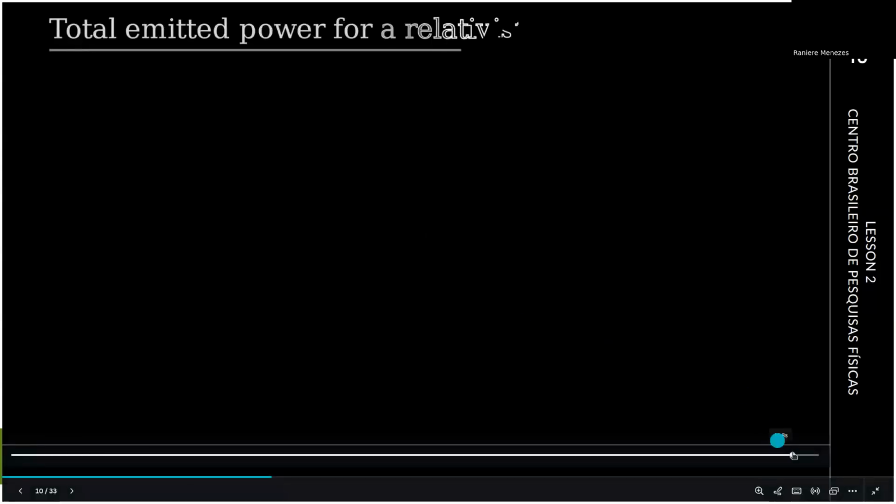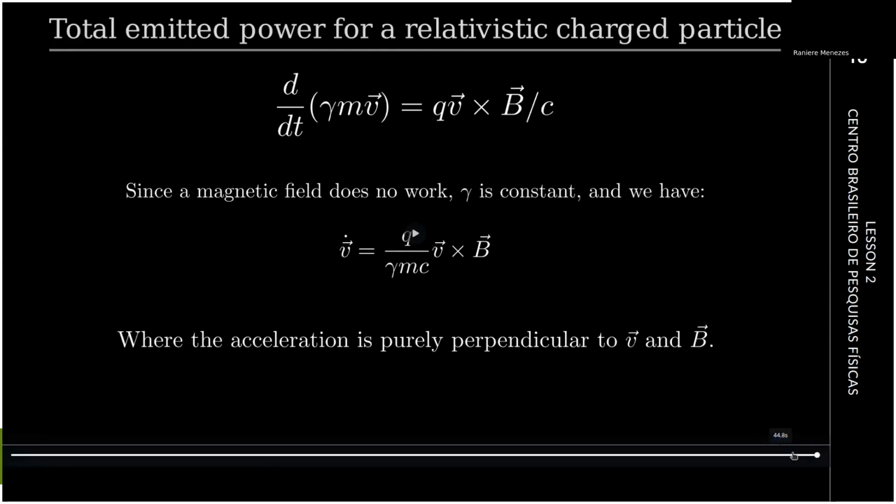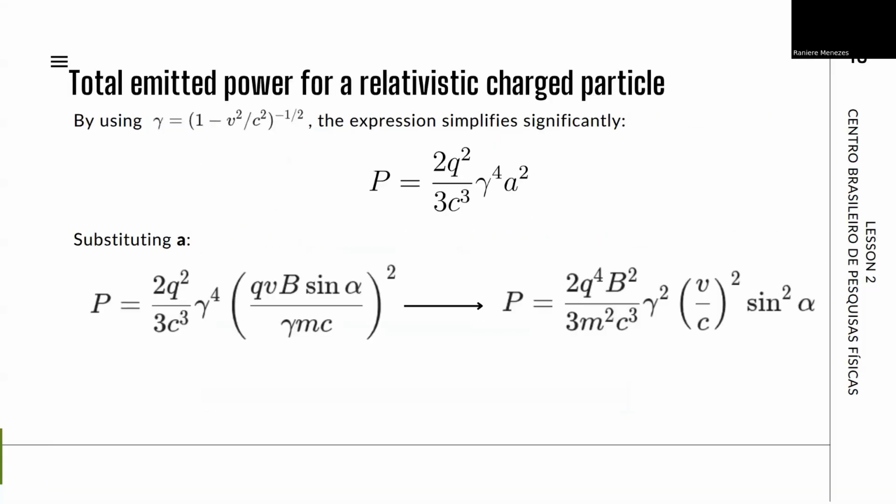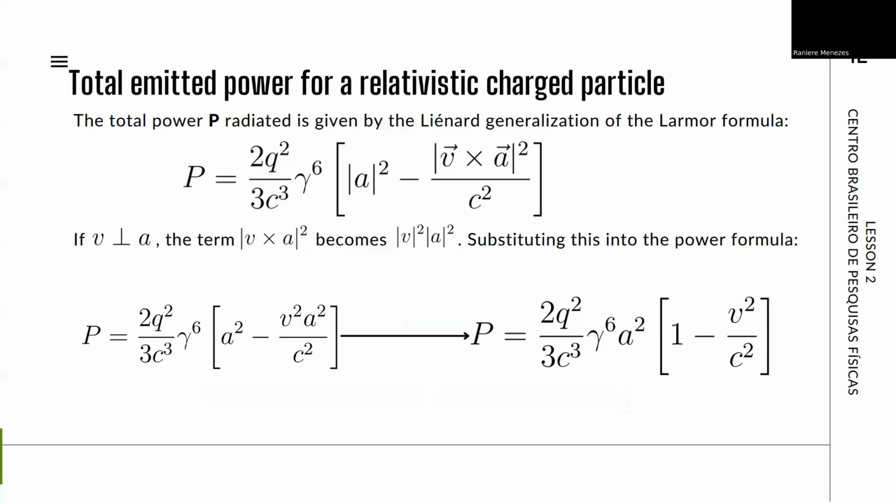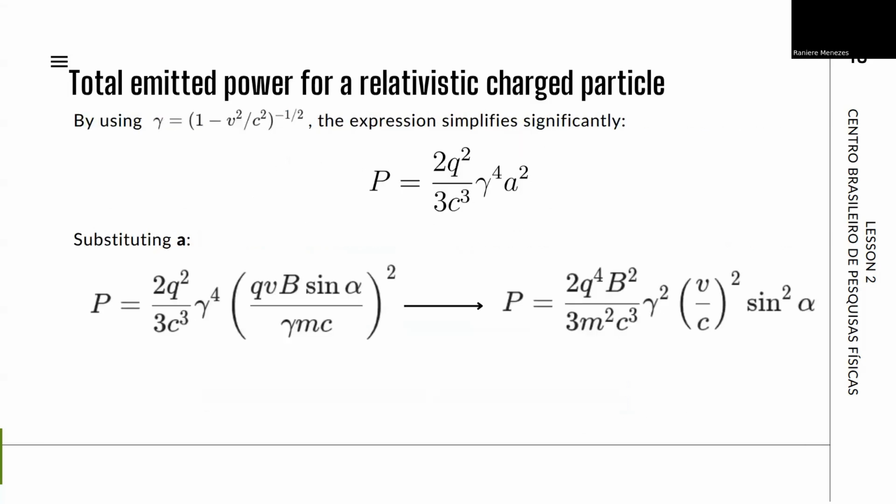If you don't remember, we can take this acceleration of a particle in a magnetic field and simply substitute it here. So we substitute the acceleration here. We will have this. We can rearrange, and this is the final formula for the power emitted by a relativistic electron. So this is the synchrotron power.